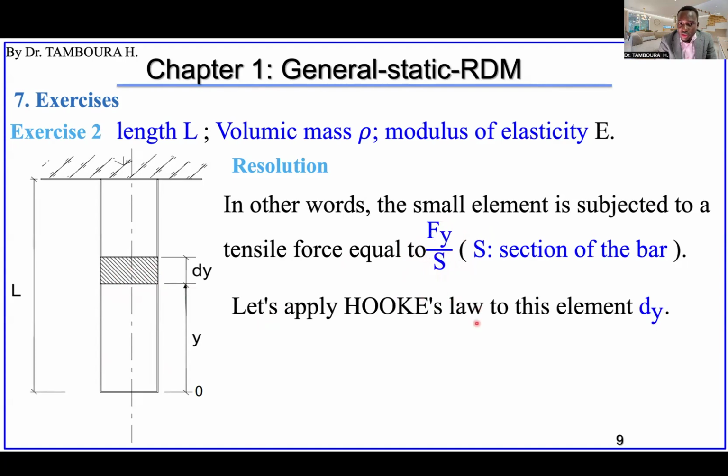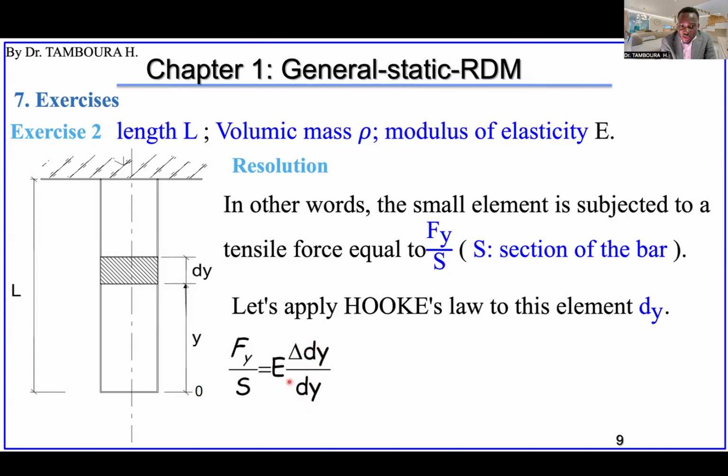So according to Hooke's law, for this element dy, we can obtain this formula. This is sigma, which is Fy divided by S here, equal to E, the Young modulus, the elastic modulus, times delta dy divided by dy.